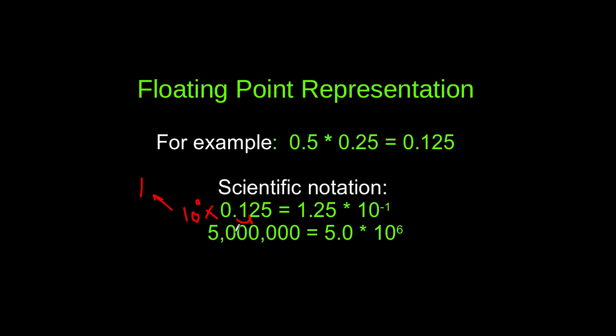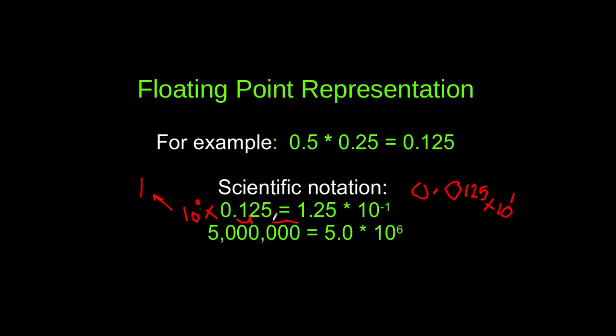So if I moved it till here, if I had 0.0125, and let's put a 0 here, that 0 doesn't make a difference, 0.25, what will my exponent be? It will be 10 to the power 1. We add if we go left.